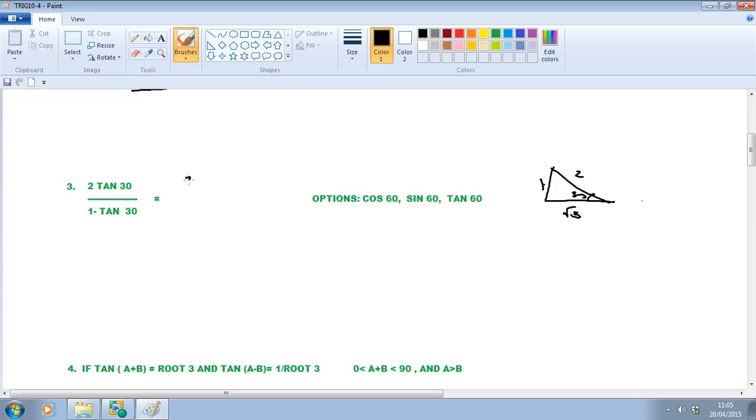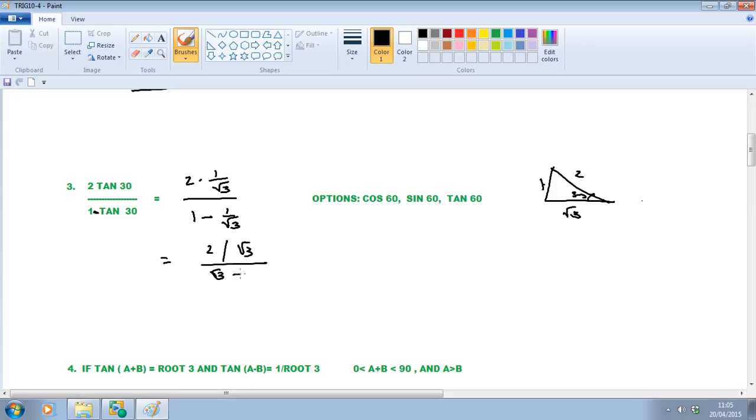So this is 2 multiplied by 1 by root 3, divided by 1 minus 1 by root 3. This denominator we can solve as root 3 minus 1 divided by root 3. So root 3 and root 3 will get cancelled.